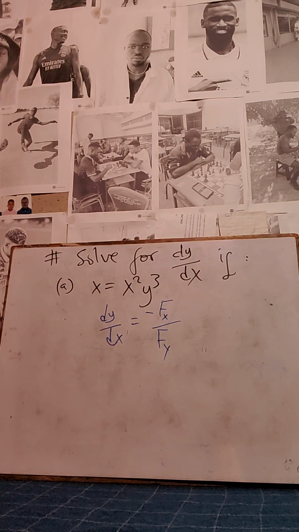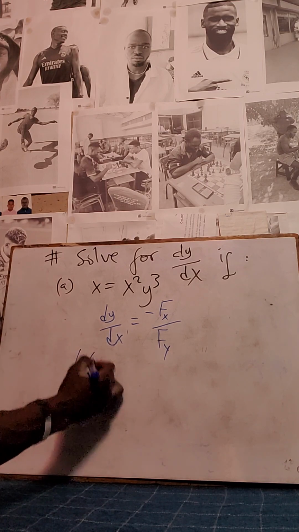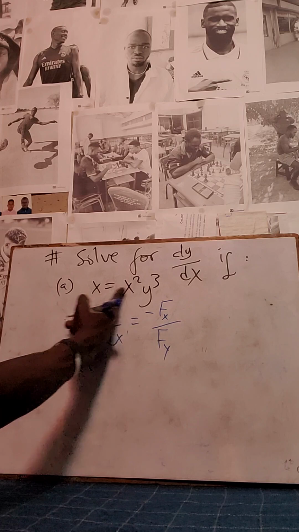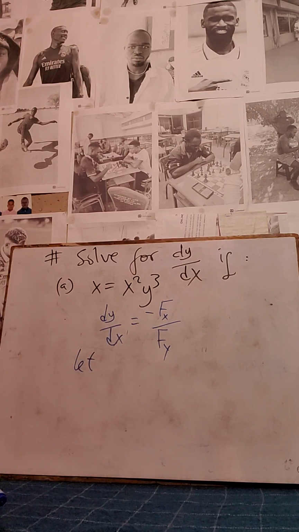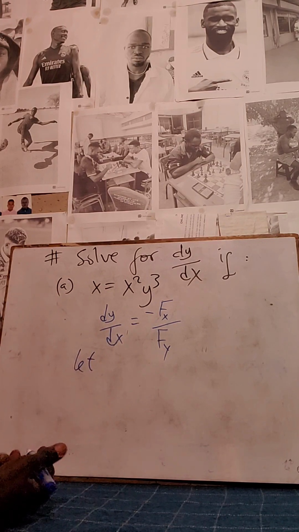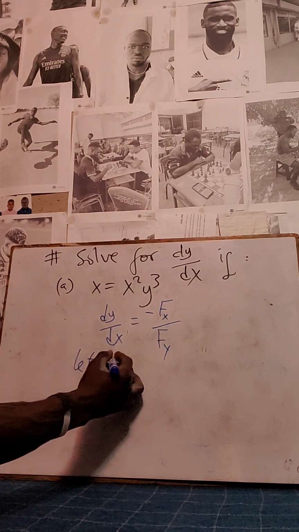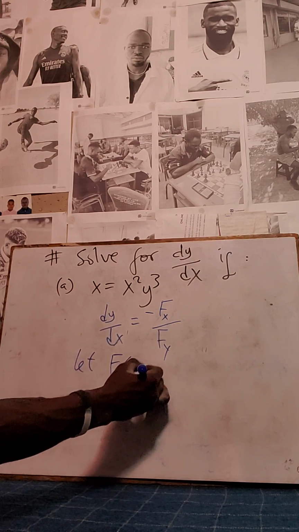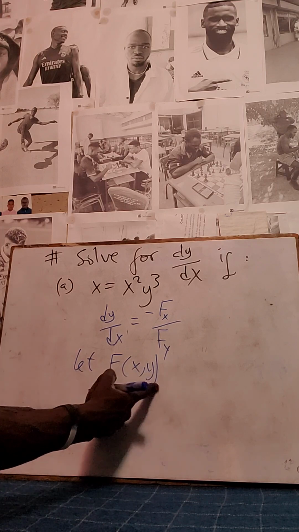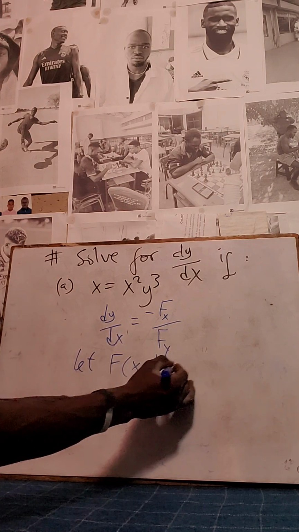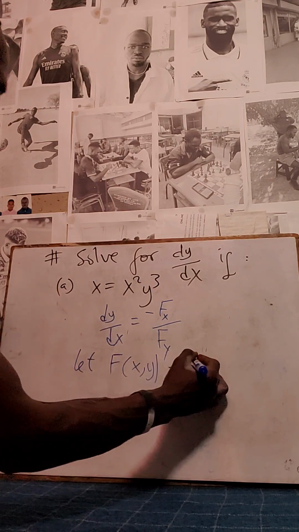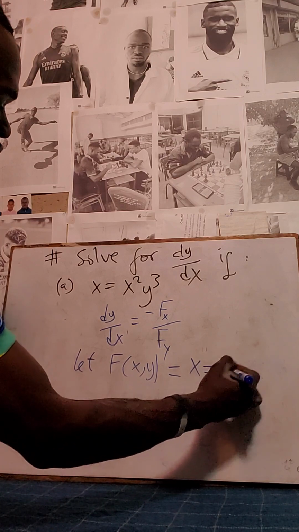After writing the formula, you say let, then you check the number of variables, or what type of variables are there. We just have x and y. So we form a function having x and y. This function you have formed, let it be equal to the question.